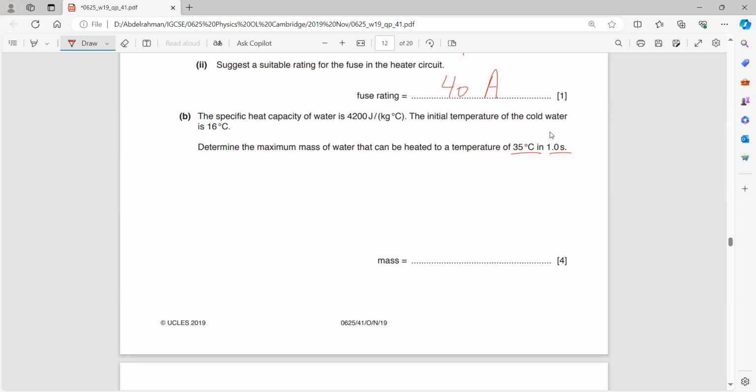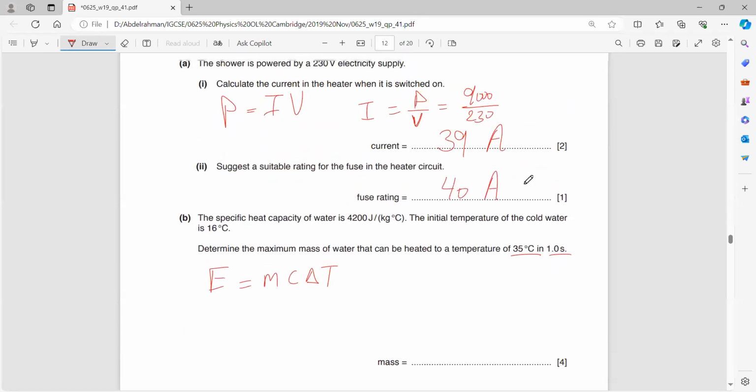What are the equations that I will need to use in this question? Is it the one that's like E equals m times C times change in temperature? حلو. E equals mc delta T. Do I have the energy؟ تعال نطلع فوق كده نبص.